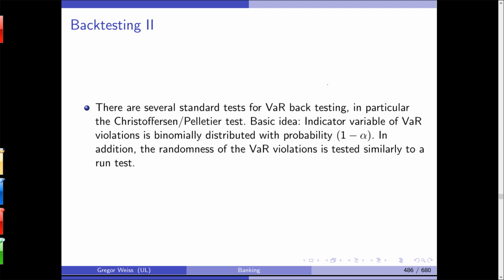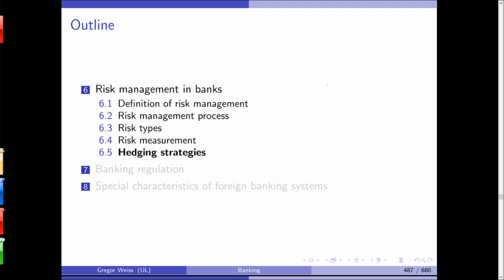So 5% VaR, 100 days, we would expect 5 exceedances. If it's too low or too high, reject the model. If it's somewhere statistically between, let's say, 3 and maybe 6, then you cannot reject the risk model. The Christoffersen-Pelletier test looks at this as well, but it also incorporates a test of independence over time. So you don't have VaR exceedance clusters. Okay.